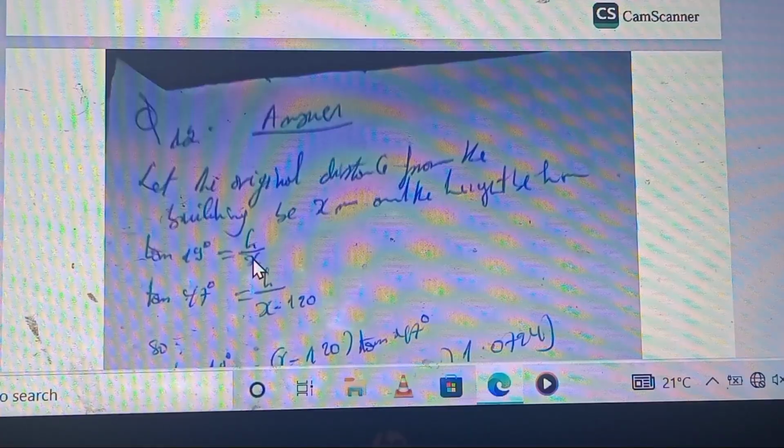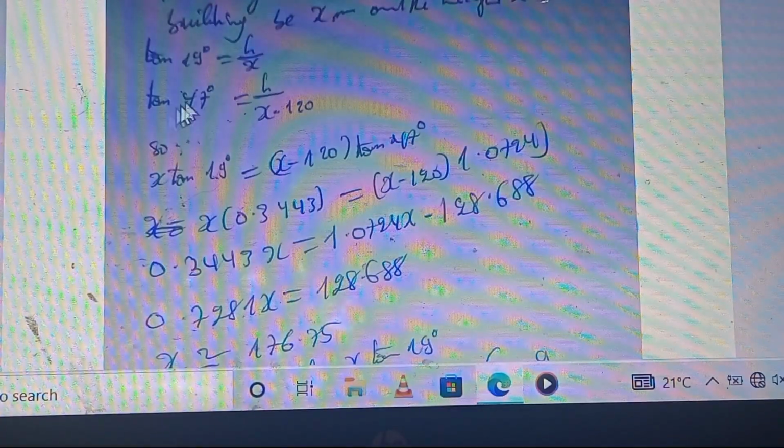Yes. So here, that is formula 1. Then, because we have two angles, tan 47 is equal to the height h over x, that is the distance, minus the 120 meters. Then you do cross multiplication.